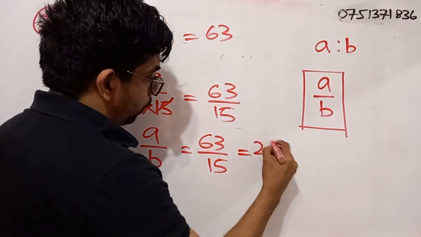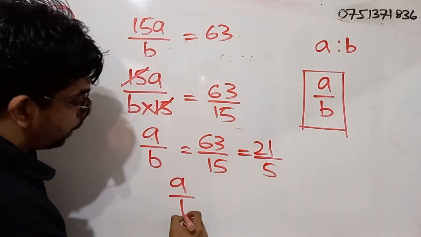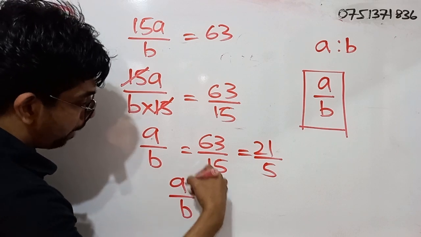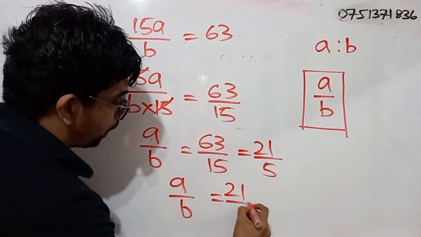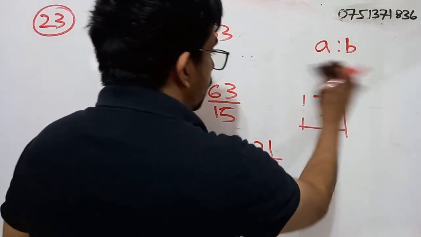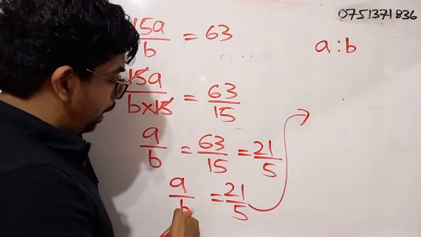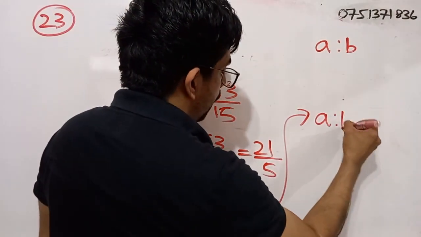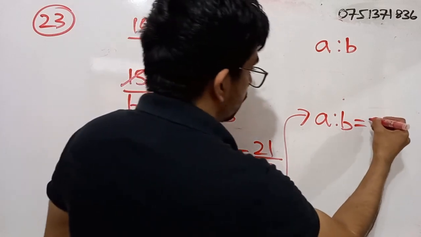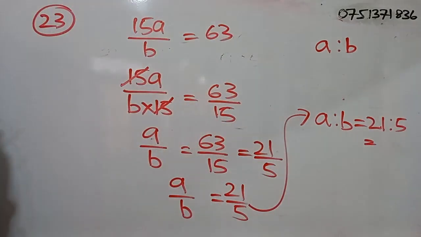So we get 21 by 5. So a to b, or a by b, that is 21 by 5. A by b means a to b, that means 21 to 5. So that is the answer.